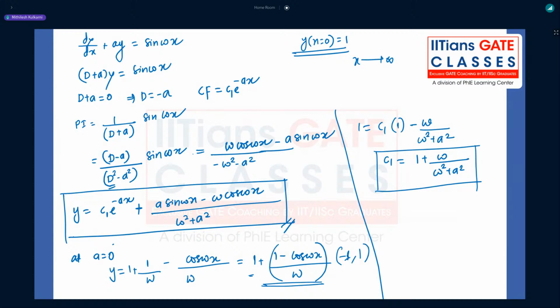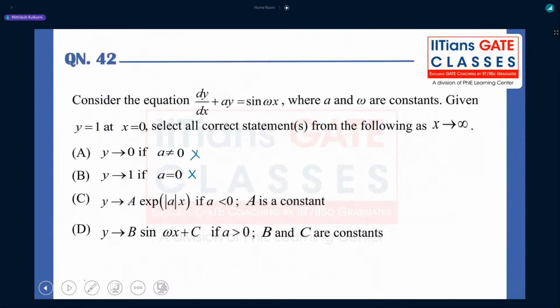So these terms will not cancel out with each other, even if you consider A as non-zero. So you will have 1 plus some terms, either positive or negative. So it's not always 0 you will get. So that's why you can remove that option as well.